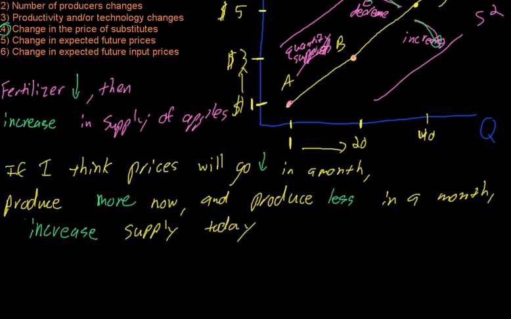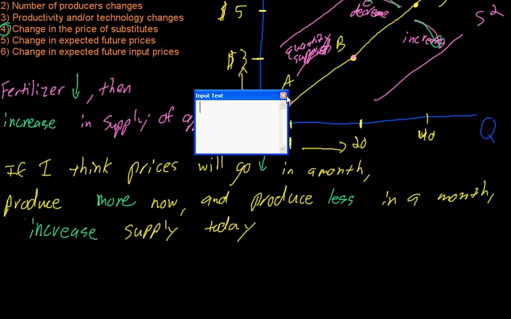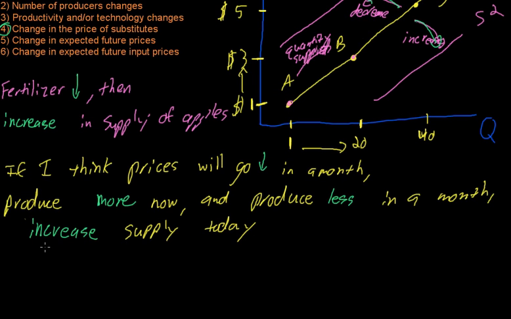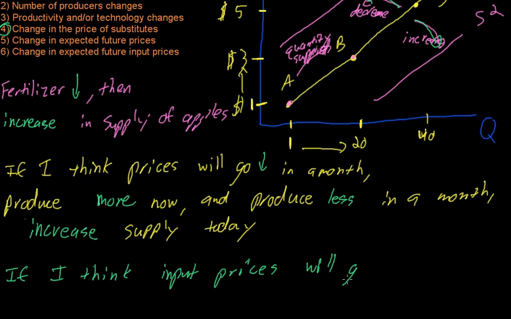So I'll just go ahead and write this out because I think that it's probably worth it. If I think the input prices will go up in a month, then I will produce more now because it's cheaper to produce it now.